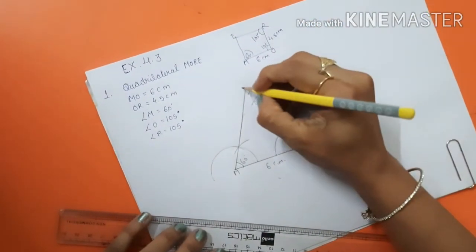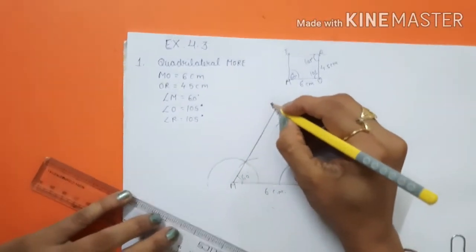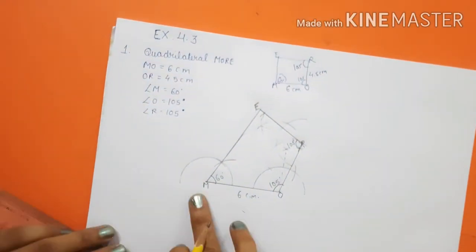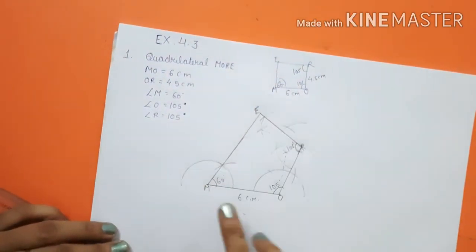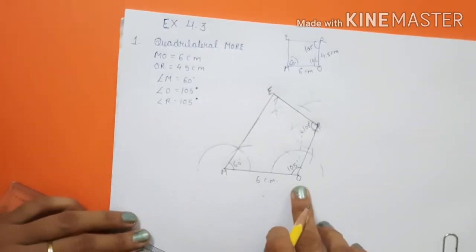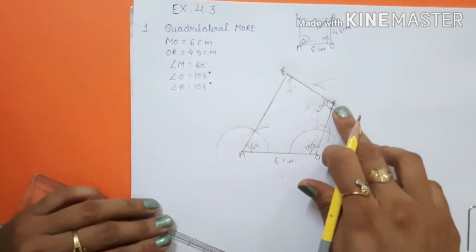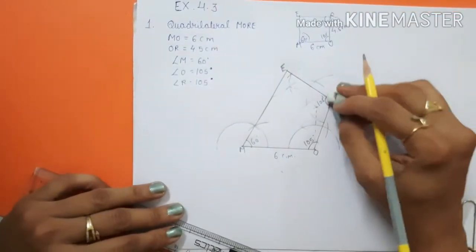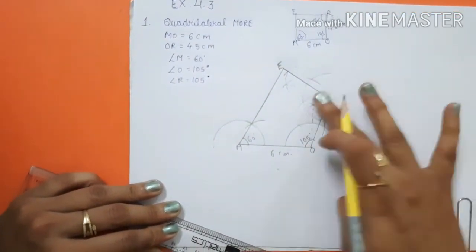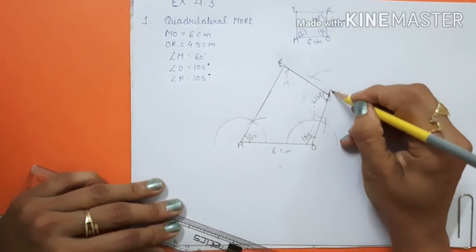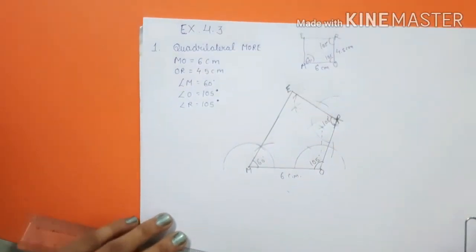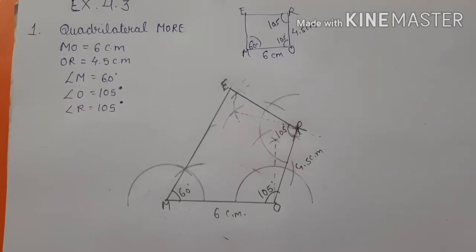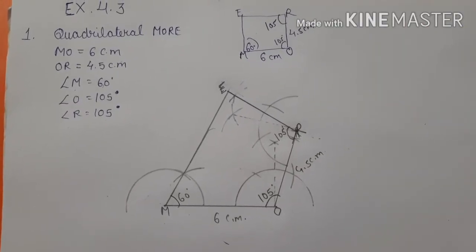So this is the point E. This is our required quadrilateral MORE, where M is 60 degree, O is 105, R is 105 degree, and this is E. This is the point R. Okay students, this is our required quadrilateral MORE.